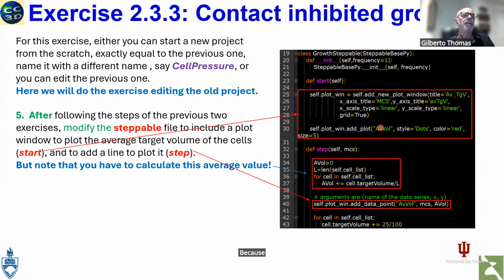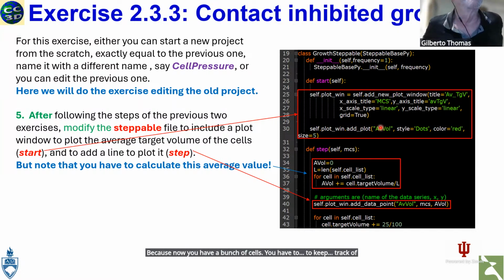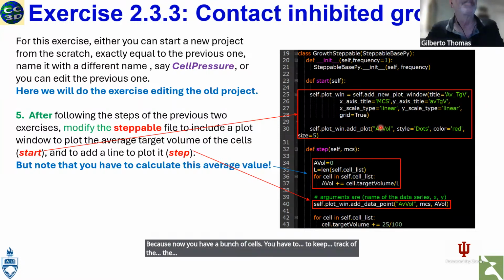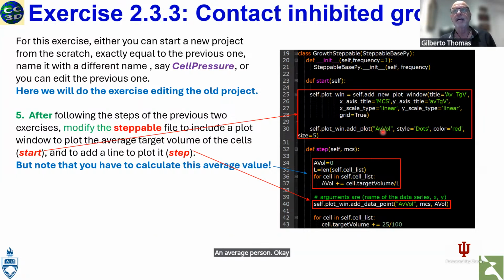Because now you have a bunch of cells, you have to keep track of the average of the cells to calculate an average pressure. Okay, but let's start with the average plot.